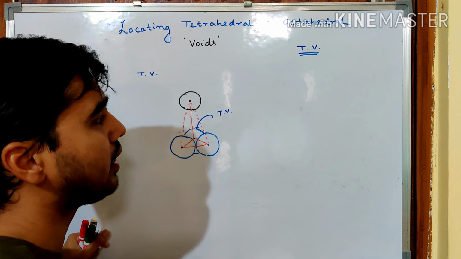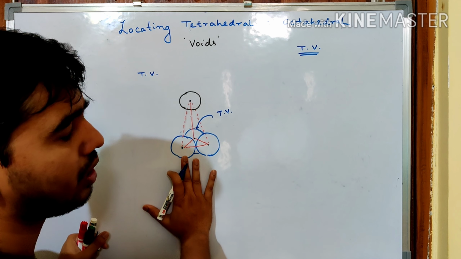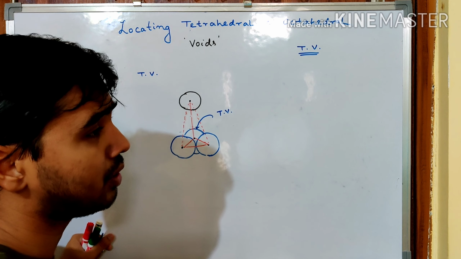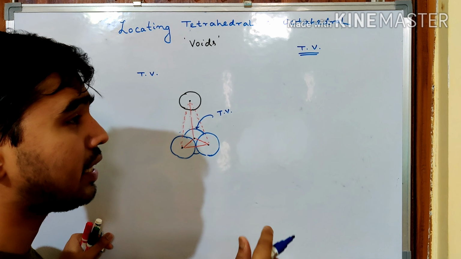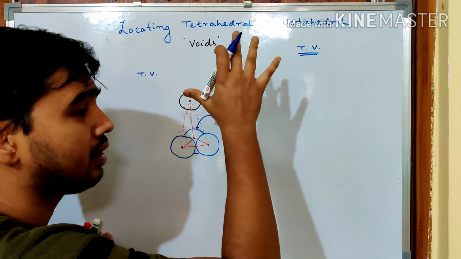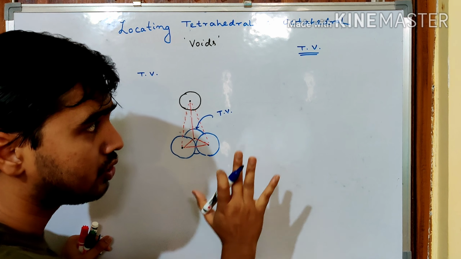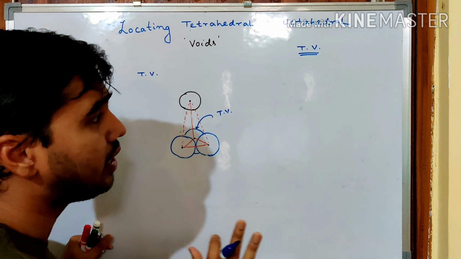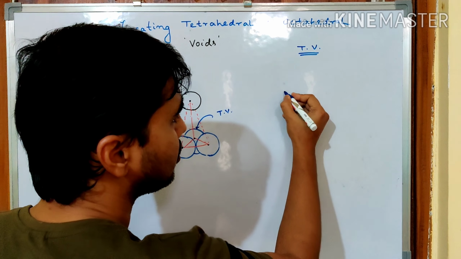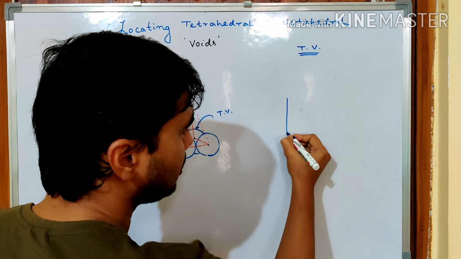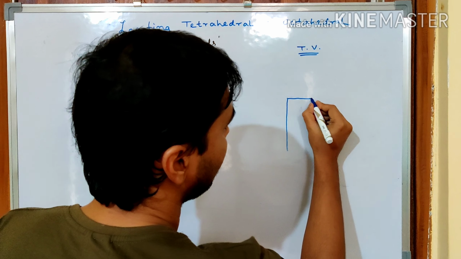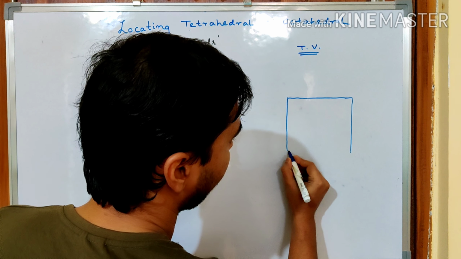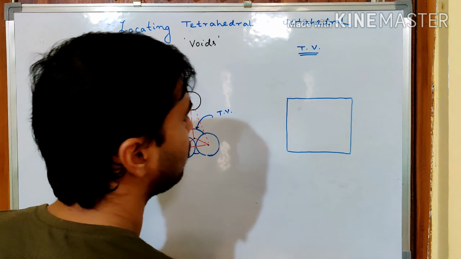In order to do that, I have kept it as it is so that you can visualize. Now there are numerous videos where you can see how it is formed. But as I have said, if you can draw it over here, that means you know it properly. So see, we will be drawing it in FCC because in FCC it is much more clear. So first thing first, I have to draw a cube. A cube has been drawn.